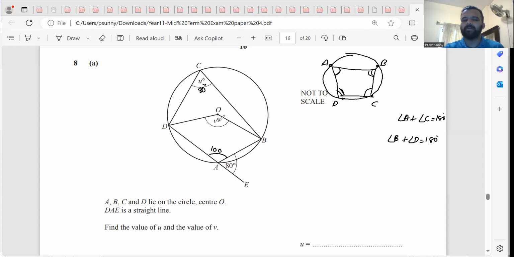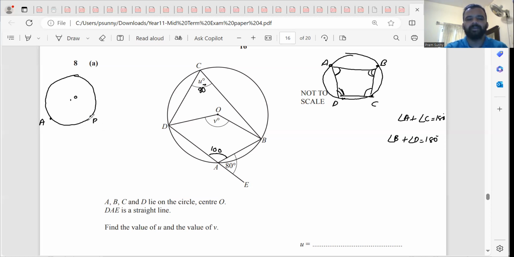Now to find angle V, we already have angle U, so we need to find out angle V. We are going to use another circle theorem. Suppose this is the center, and I have one arc AB here.